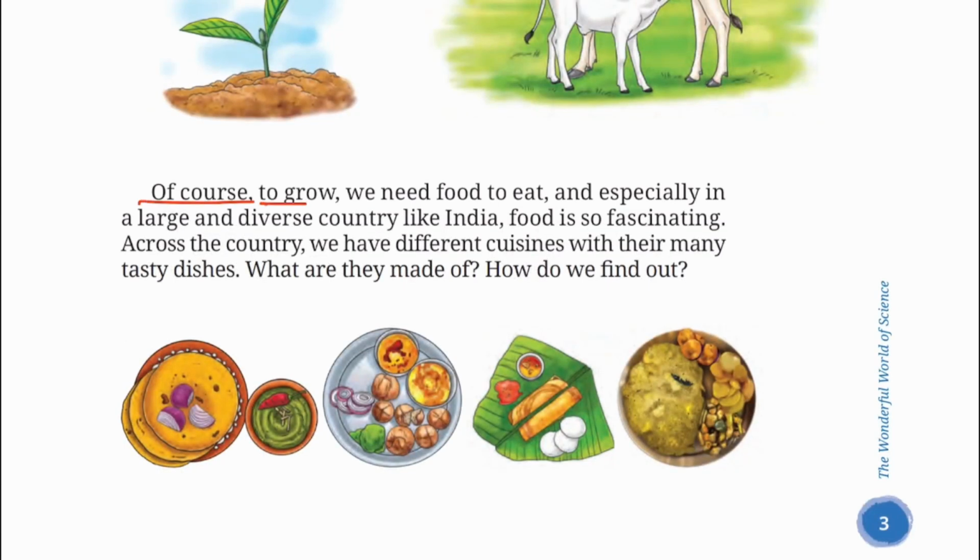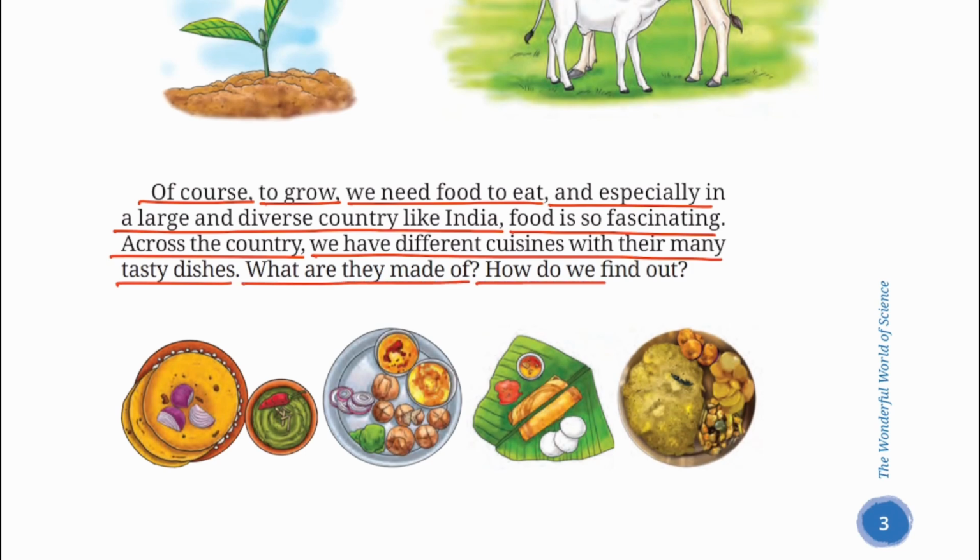Of course, to grow, we need food to eat, and especially in a large and diverse country like India, food is so fascinating. Across the country, we have different cuisines with their many tasty dishes. What are they made of? How do we find out?